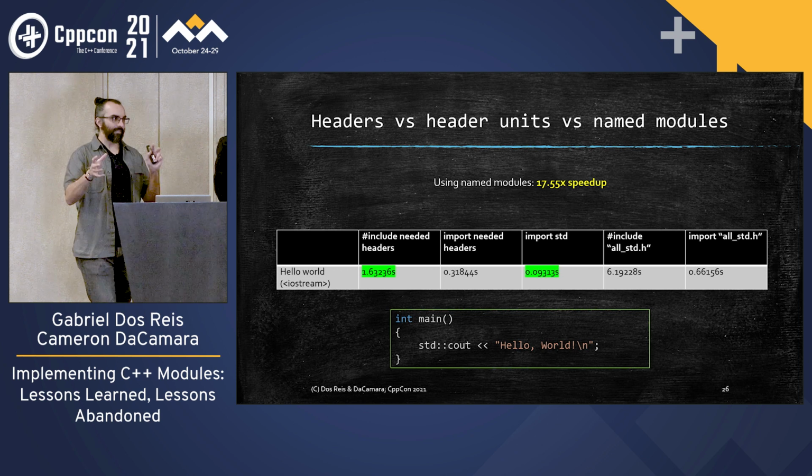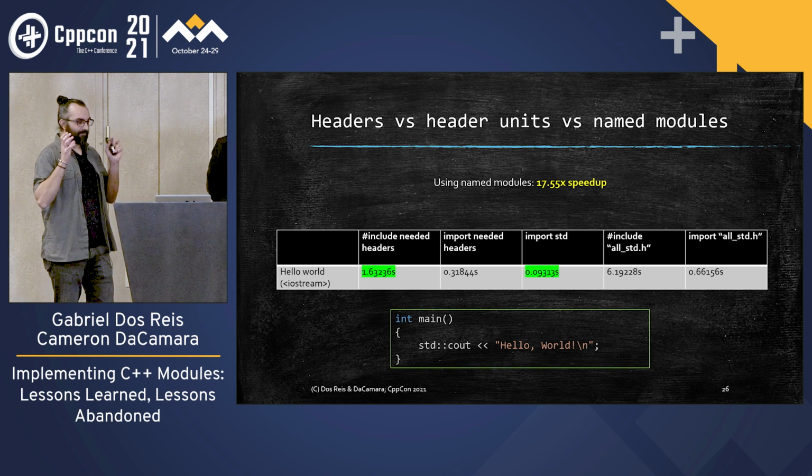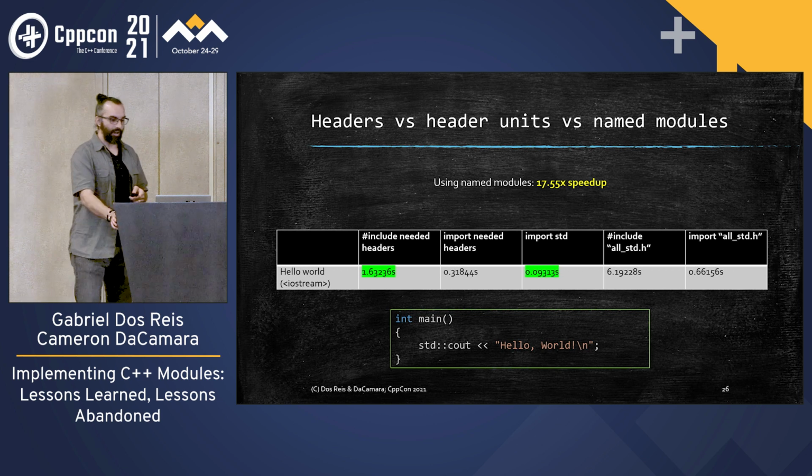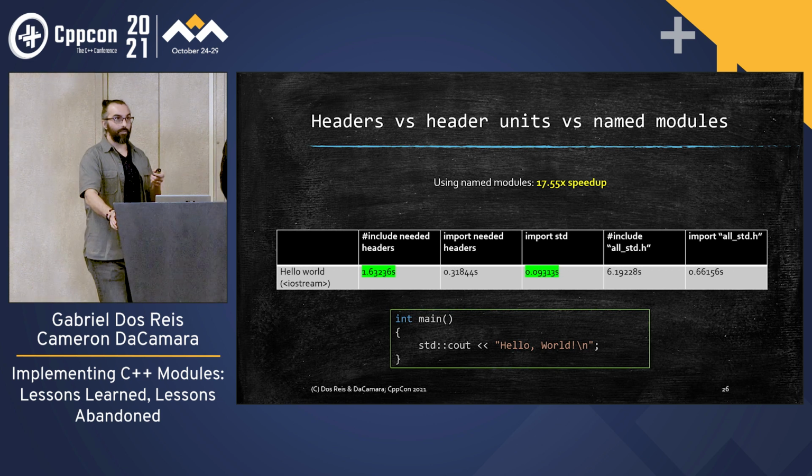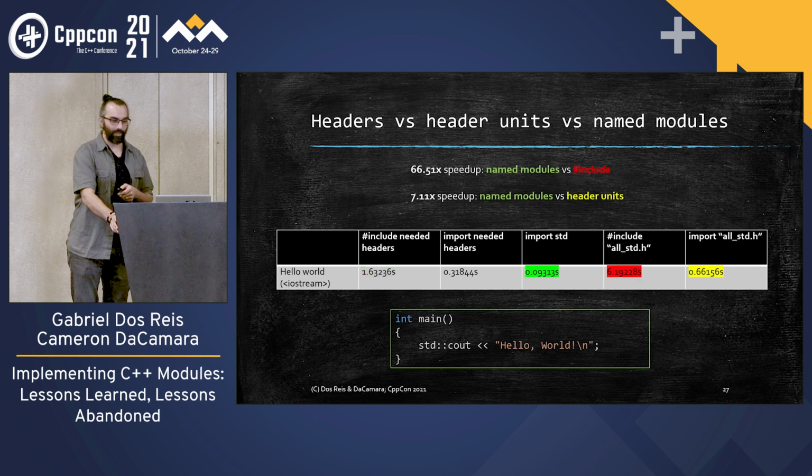And this number is really great, but it's even better than you might think. The reason is that when we said import std, you don't just get iostream, you get the entire standard library. So we're not even close to comparing apples to apples. If we wanted to get closer to that, we have to look a little bit harder.